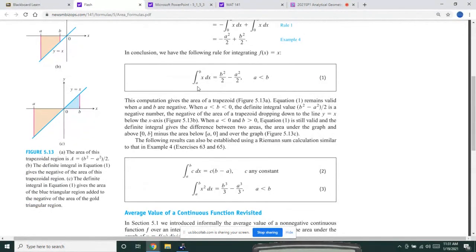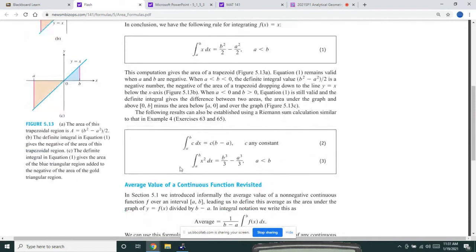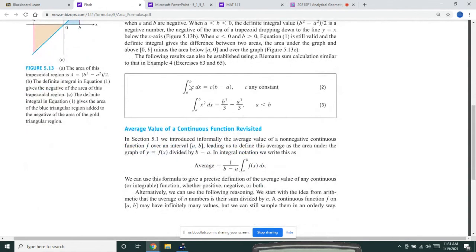It says the integral from a to b for x dx is equal to b squared divided by 2 minus a squared divided by 2. We also have the integral from a to b for c dx.